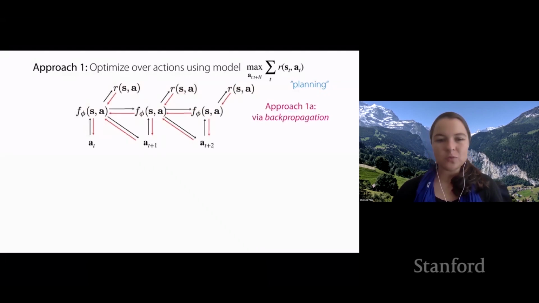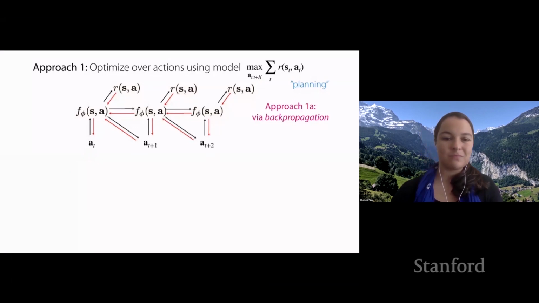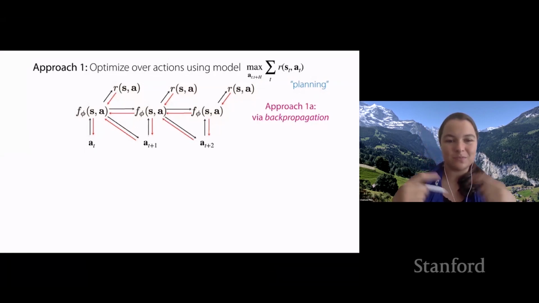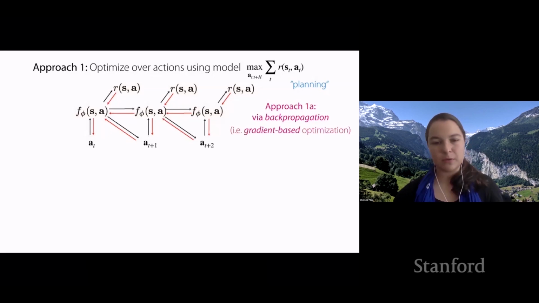The first way you could imagine optimizing over these actions is just with backpropagation. You could take your reward function and backpropagate gradients through your model into your sequence of actions, and optimize over a sequence of actions with gradient descent that lead to a high sum of rewards. So this could be a gradient-based optimization.